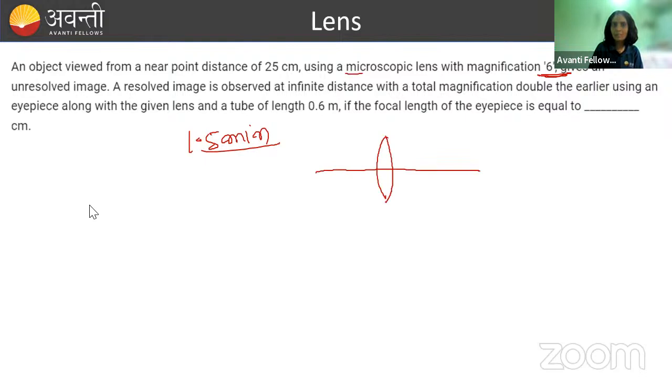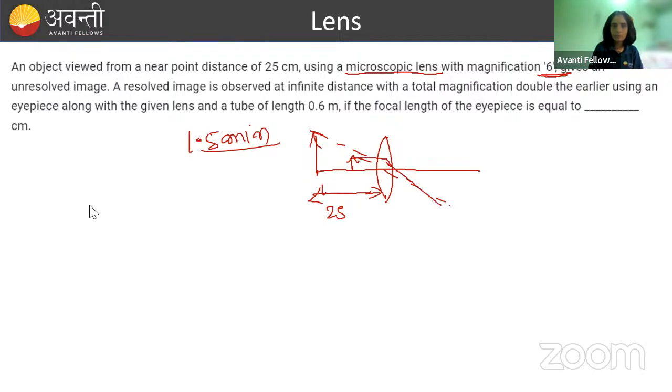Using a microscopic lens, it is given, right? If it is talking about a microscopic lens, it means it is talking about a simple microscope. Okay. So an object is viewed from a near point distance of 25 centimeter. So the object must be kept somewhere else, and this object's image must be getting formed at this point.